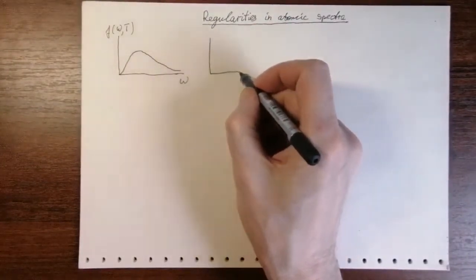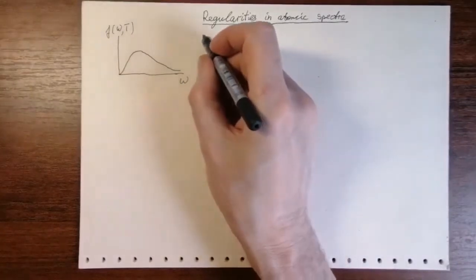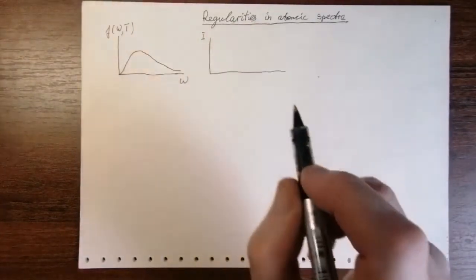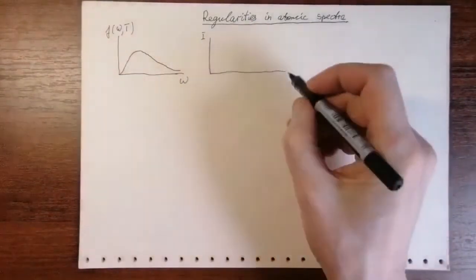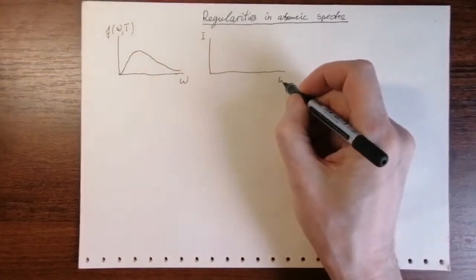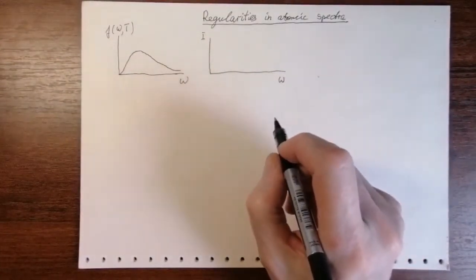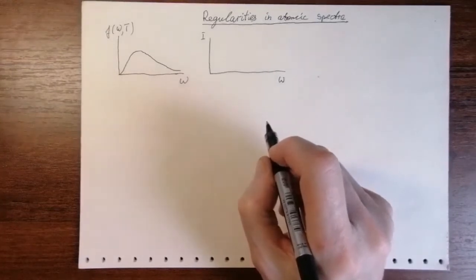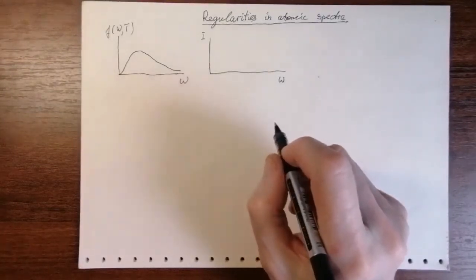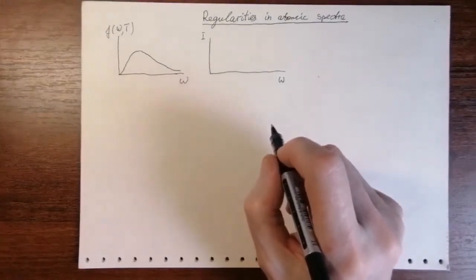The vertical axis here is the intensity of light which we measure, and this is again omega. And we will see that this spectrum consists of some separate lines.